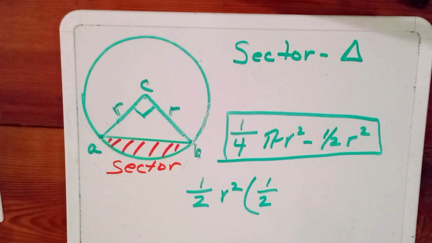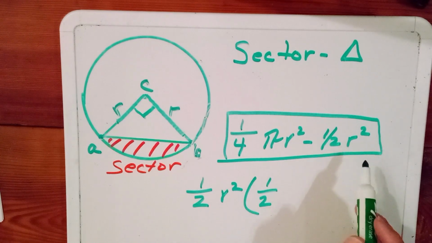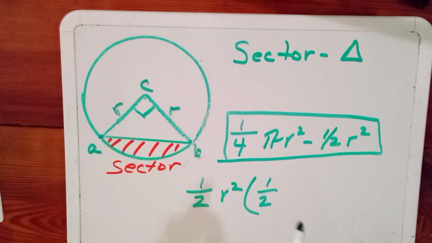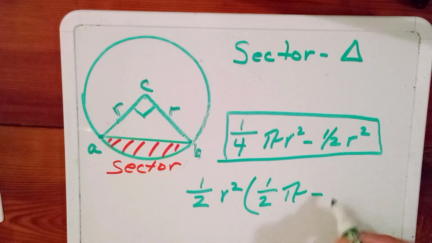How do I get the r squared? I've taken that out here, and I can't put it back here because that would give me r to the 4th. So this turns out to be just 1/2 pi. And then for this term, it's that term right there, so it's just 1.